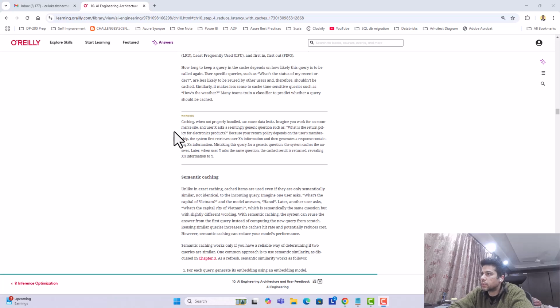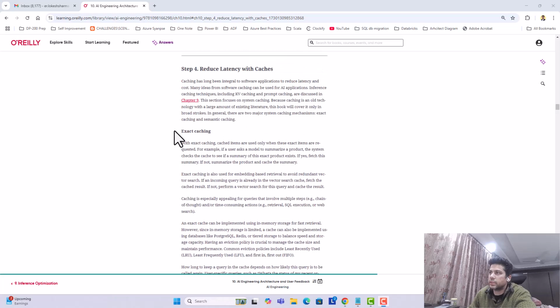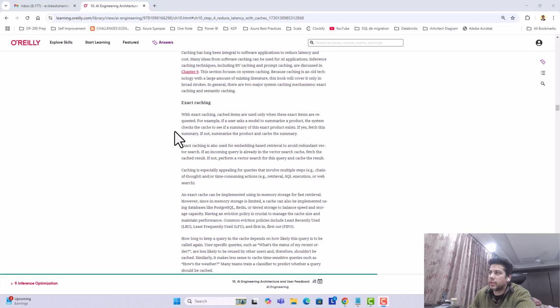Later when user Y asks the same question, the cache returns it. So we have to take care of these pitfalls. The user-specific information, or the PII information, shouldn't be cached. So that was the exact caching where the exact match is made.